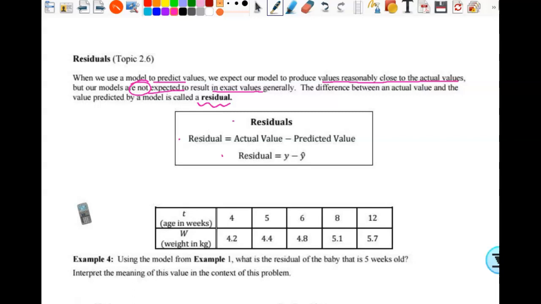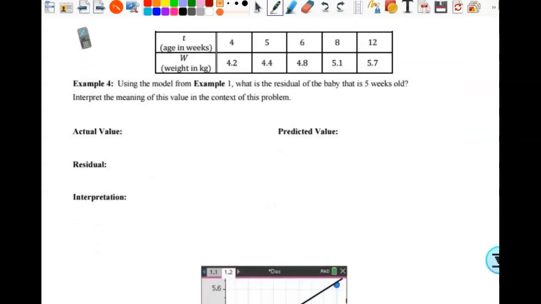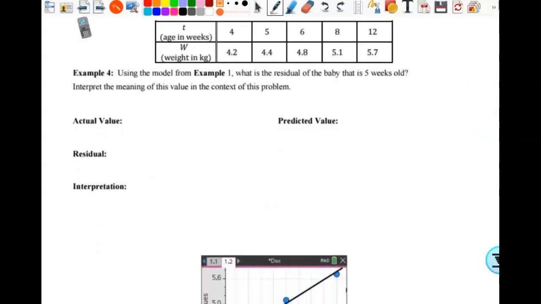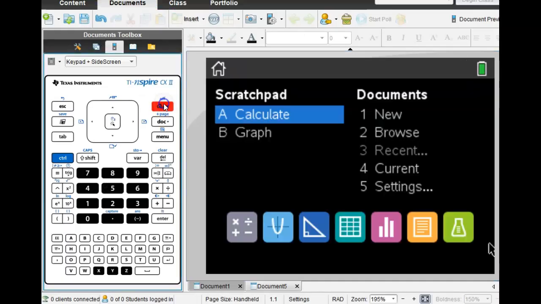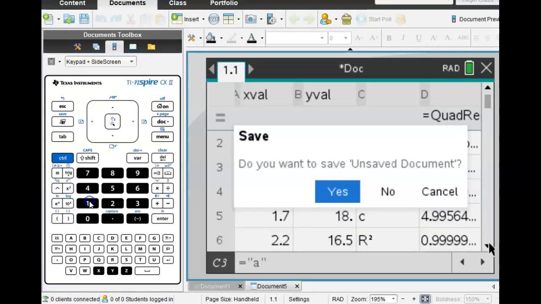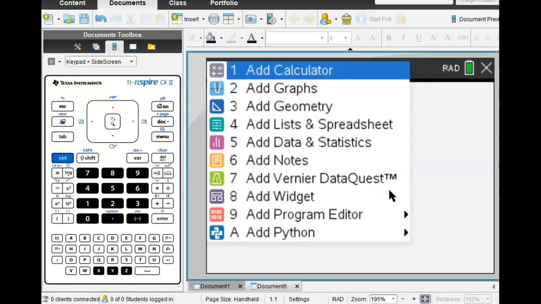So we are going to use the same data we used in example 1. And I specifically told you not to save it because we need practice getting all this stuff in the calculator. So I want you to go back to your calculator, hit the home button, new, no, and from there get your data in, everything labeled, and get your linear regression back without me walking you through it.